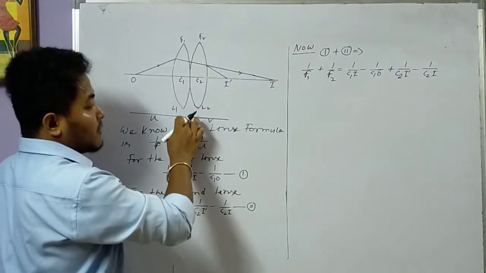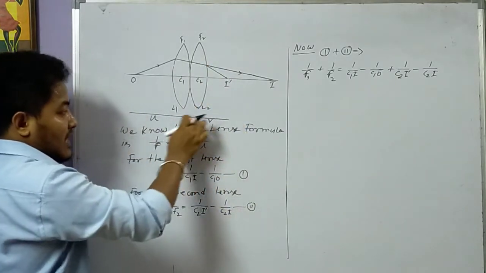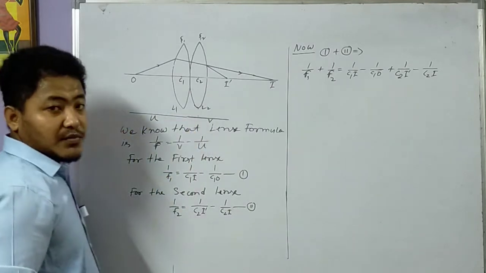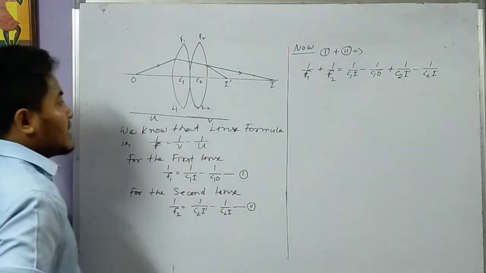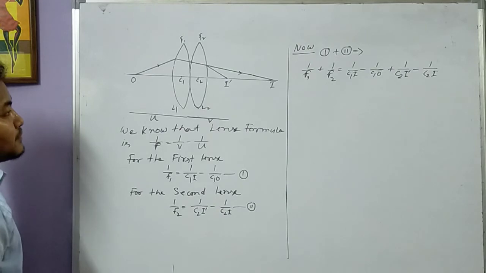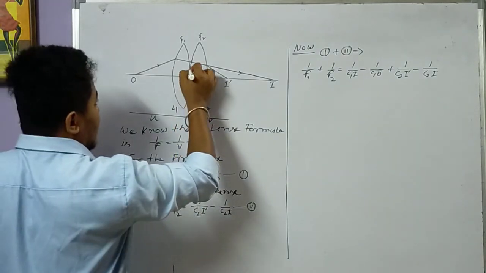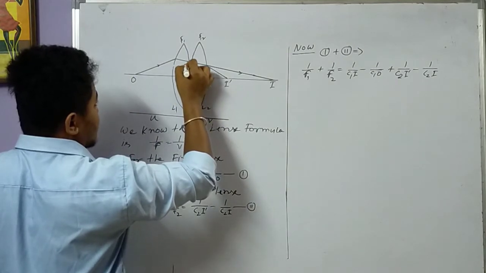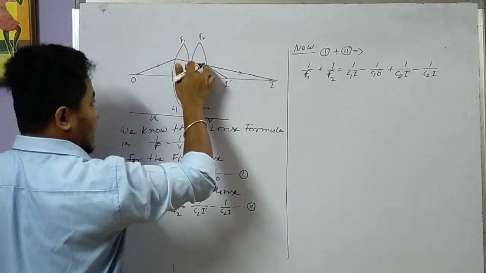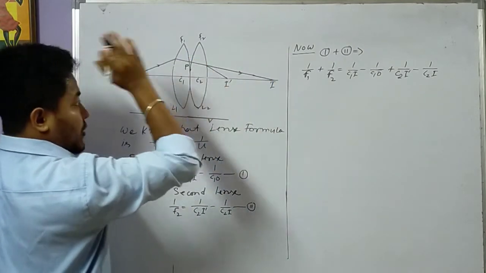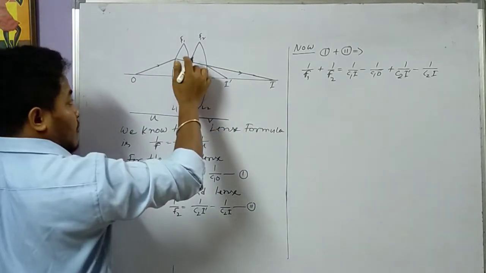So this is going to be the final image distance, and this is going to be the final object distance. In this case I have some assumption now. If I consider a particular point, suppose this point is P, I am going to measure the distances from this point P. So I have assumed that this is the point P here.